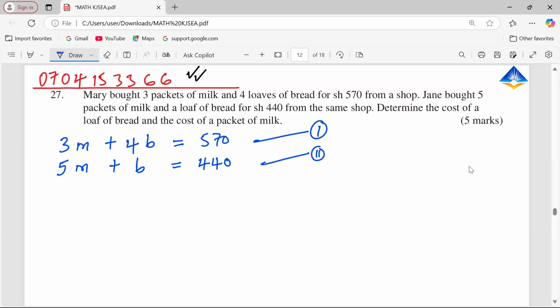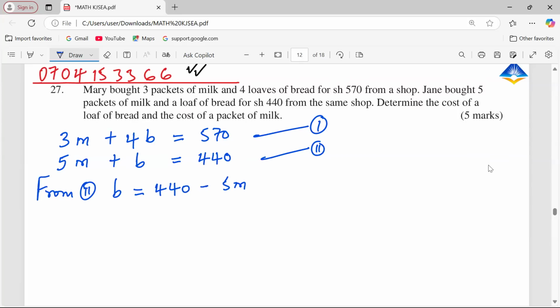There are very many methods of solving simultaneous equations, but allow me to use the substitution method in this case. From equation 2, B can be expressed as 440 minus 5M.